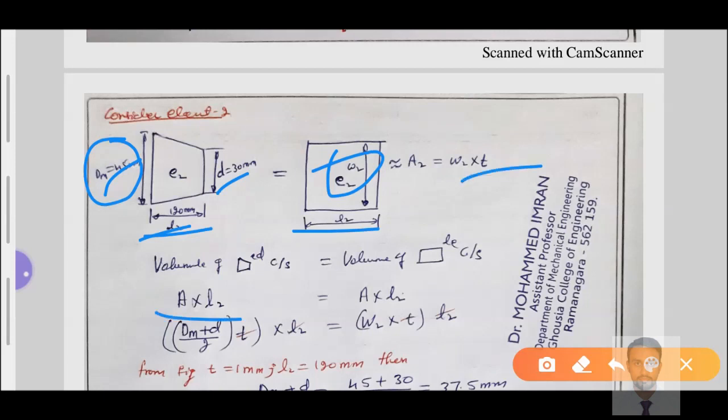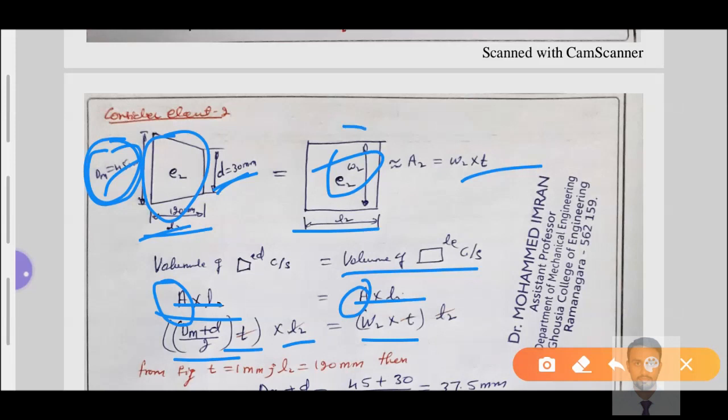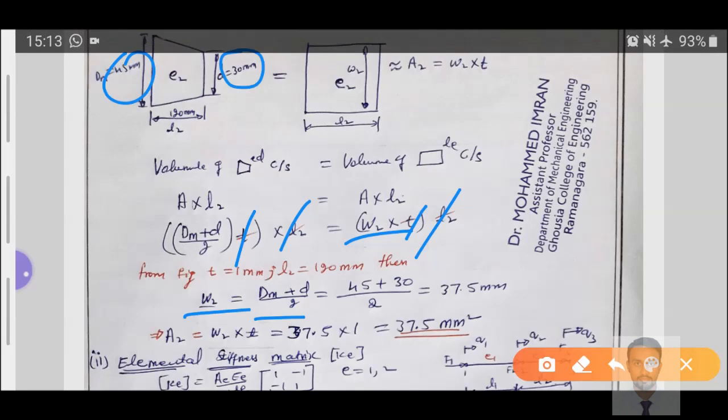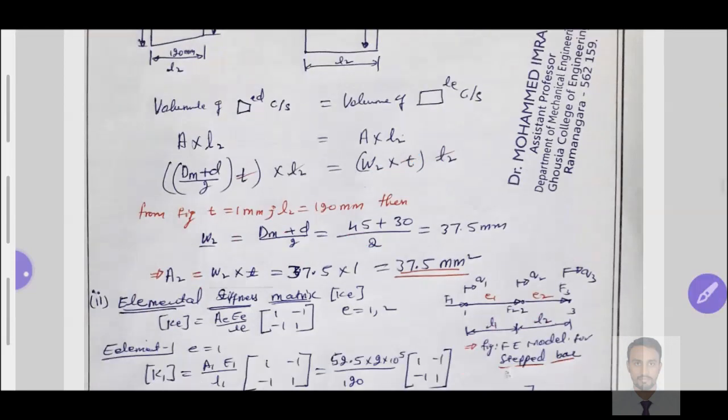We know that the volume of the tapered element is equal to the volume of the rectangular element, A into L2. That is, (dm plus d) divided by 2 into T, the area of cross section of this tapered element, into L2. Length and thickness remain the same, so W2 is equal to (dm plus d) divided by 2, that is (45 plus 30) divided by 2, which is 37.5 mm.